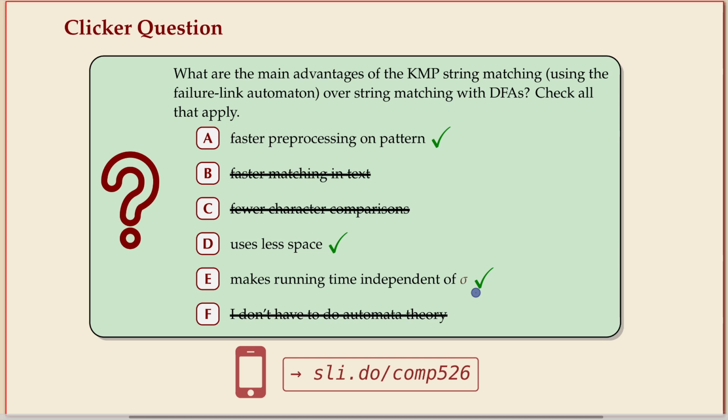I skip this one. Fewer character comparisons. That's a bit of a cheat because the string matching automaton doesn't really use character comparisons. You could also say accesses to the characters.